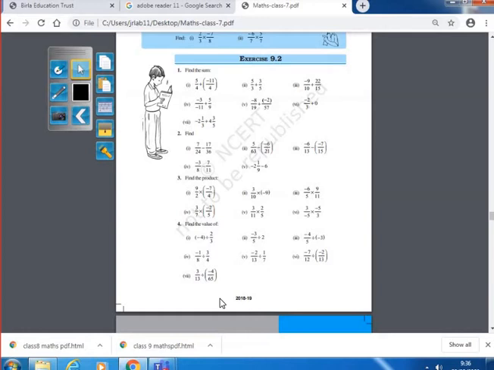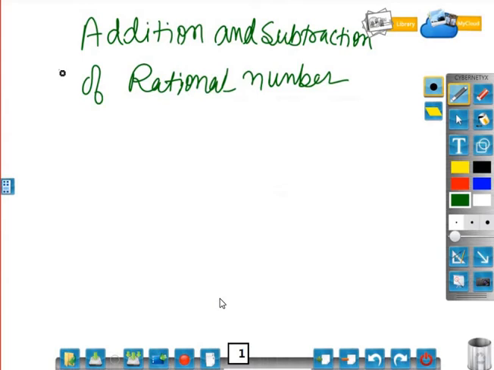Now you can see the exercise 9.2. Here, find the sum. If you want to find the sum, then we will discuss it here. Addition and subtraction of rational numbers.